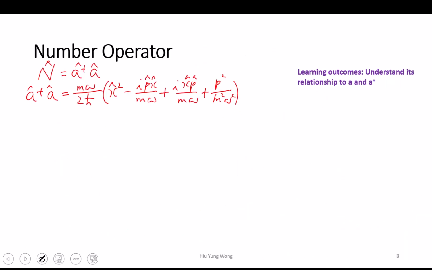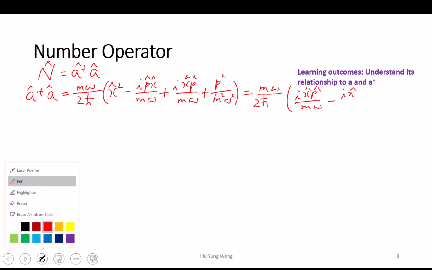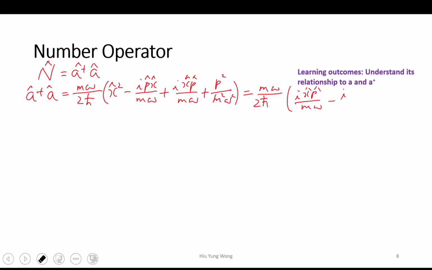But the most important thing I get here is m omega over 2 h bar times i x hat p hat divided by m omega minus i x hat... no. p hat x hat divided by m omega.